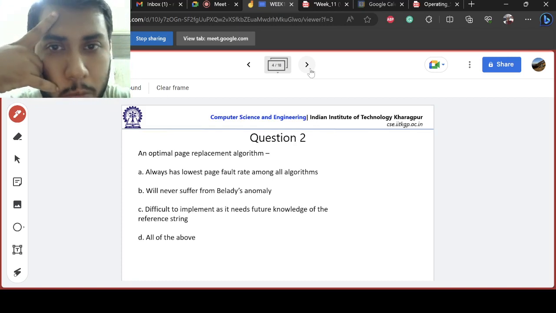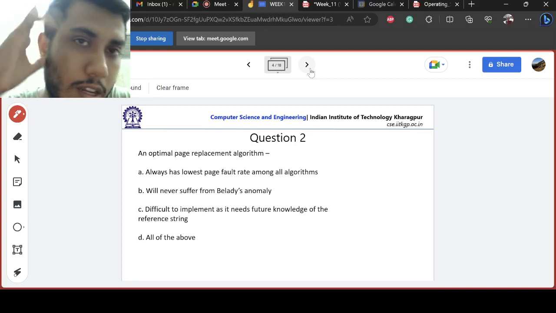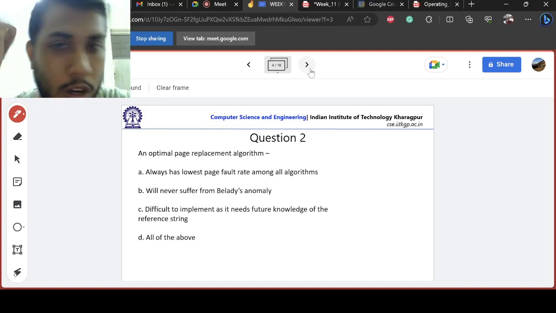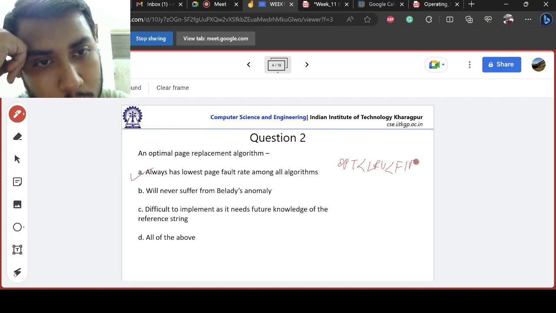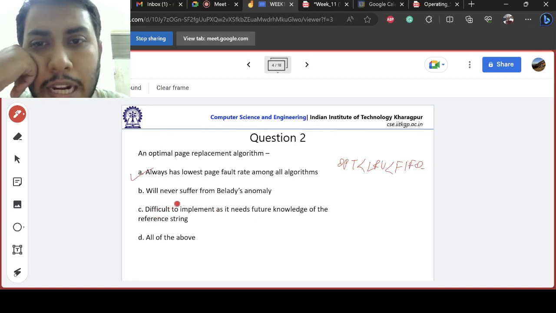We have studied the optimal page replacement algorithm, and we saw that it has the lowest page fault among all the algorithms. That is true. Optimal is less than LRU is less than FIFO. Will never suffer from Belady's anomaly?